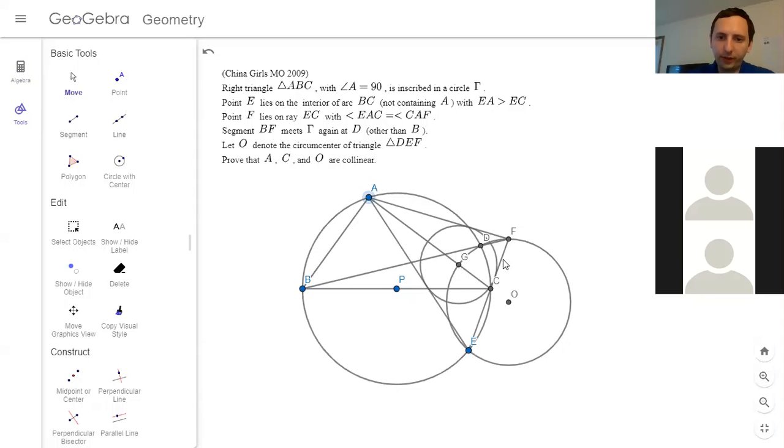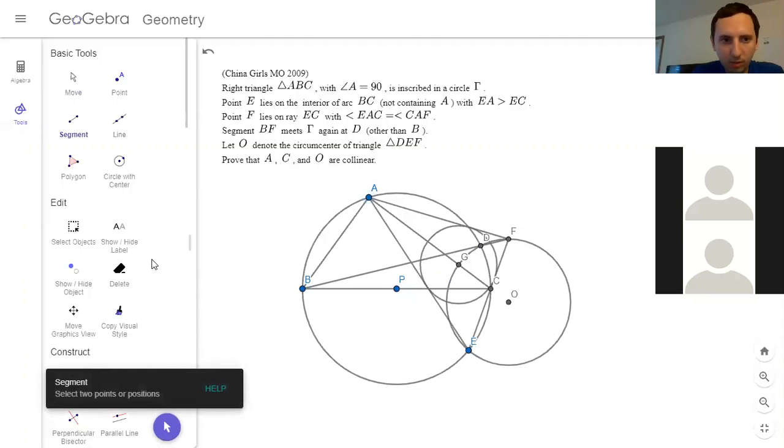So angle GEF would be angle GED. Yeah, FDC is 90 degrees and CDE is half of A. So it's done. They're cyclic.